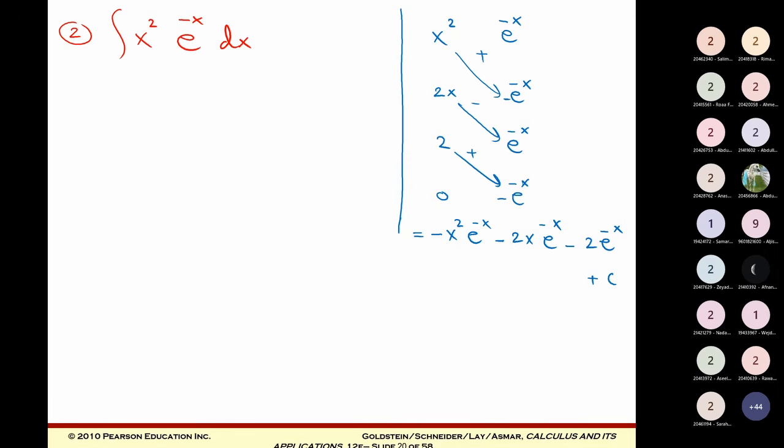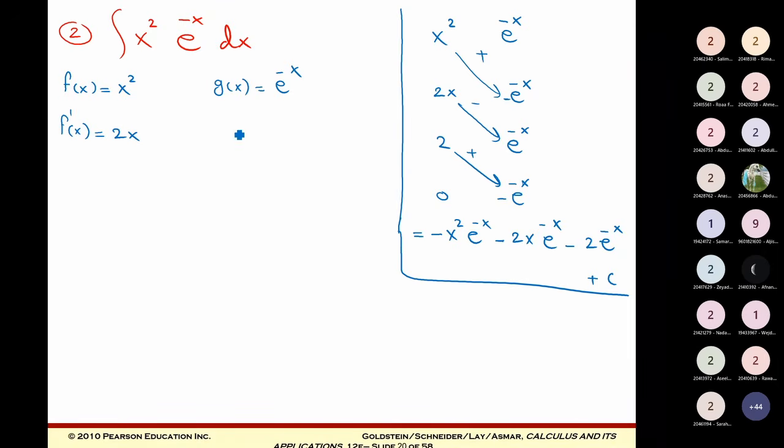this is the integration. If we use by parts, we must put f of x equal x squared and g of x equal e to the power minus x. The derivative of f of x equal 2x, the integral of g equal minus e to the power minus x.